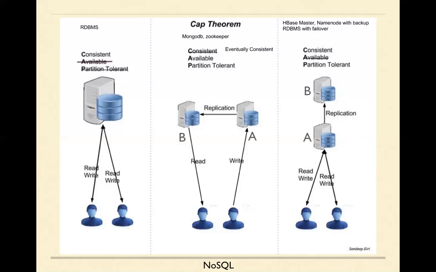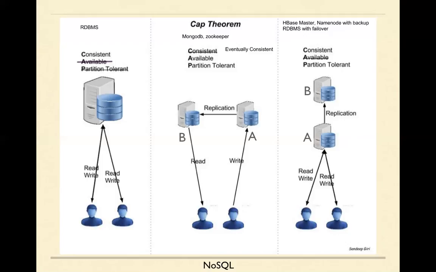Okay, eventual consistency. What you see in this diagram is, while the data is being written, for some time there will be inconsistency, but eventually the data will reach B from A, and B is going to have the same data as A, and hence eventually everything is going to be all right.